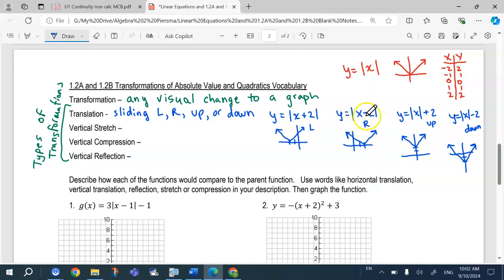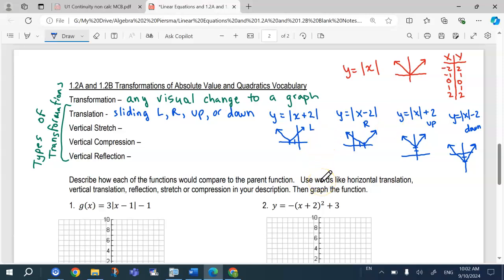And then over here, when I plug in 2, it gets 0, so that's why we actually move to the right. So think about right and left is whatever makes this inside turn into 0 is going to be the right or left move. Since this one is just x, there is no right or left move. And same with this one, there's just an x inside, so there is no right or left move.